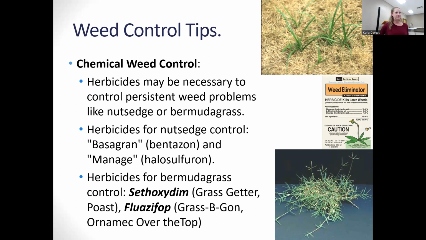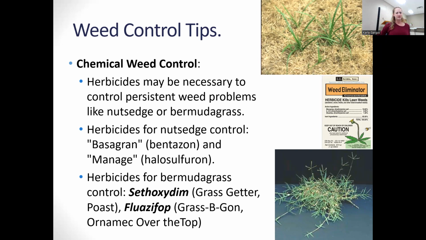What am I trying to say? Trim around the edges of your landscape beds, kind of make a barrier, maybe build a trench around, and that will make it easier for you to weed eat and keep it out of your gardens. But you're suppressing it, even with these herbicides here.